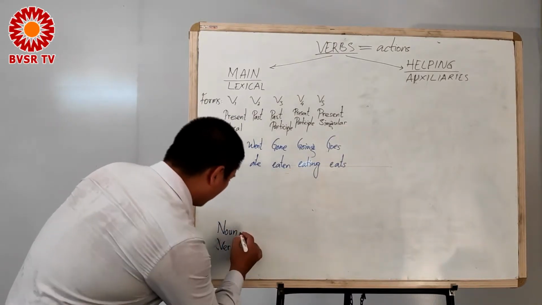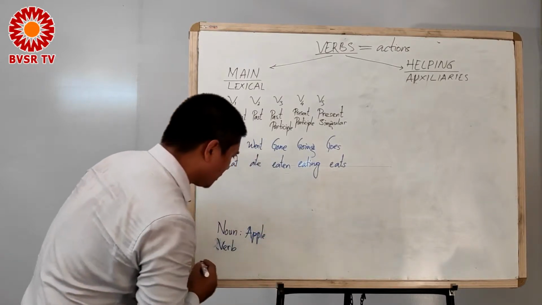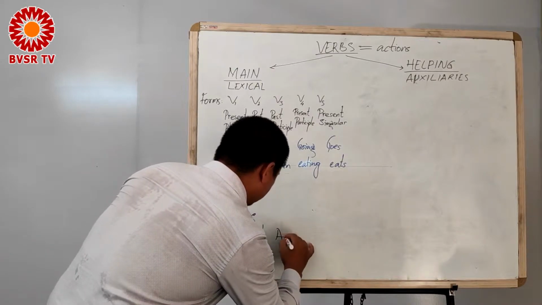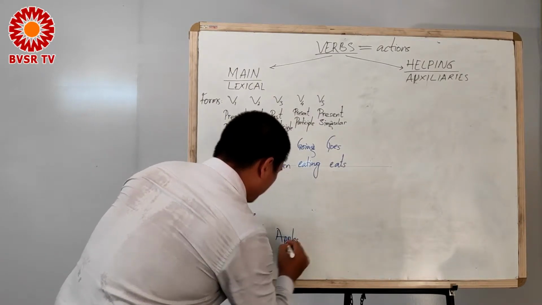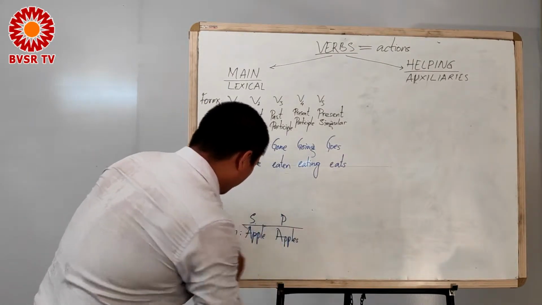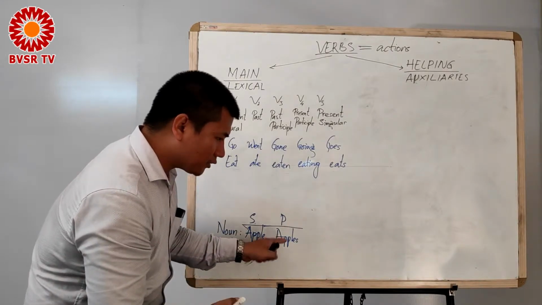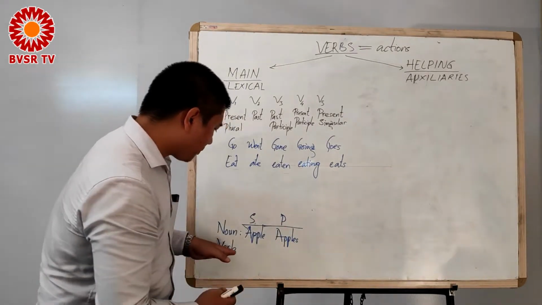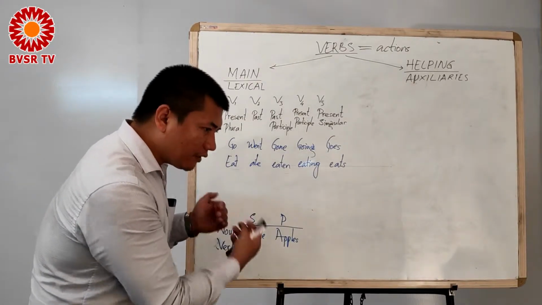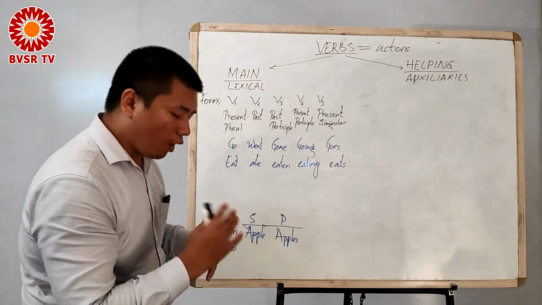In the case of a noun, when you say apple, then it is singular. But if you say apples, then it is plural. This is in the case of a noun. But see, apple is a name, apples is also a name, a plural name. But when you say verb, then it is no more a name. A verb is an action. So the singularity and plurality of a name and an action are just the opposite.